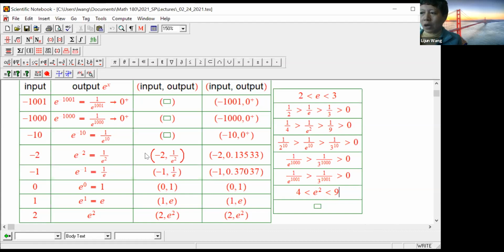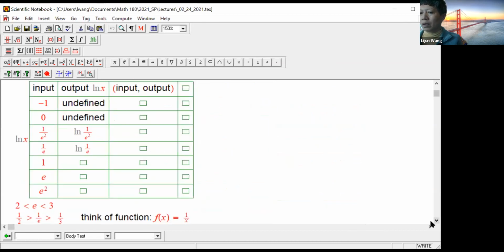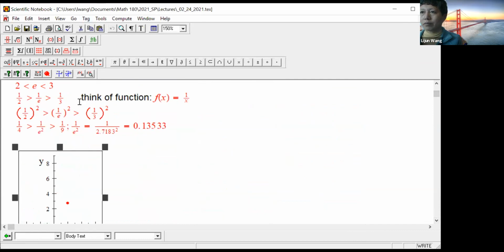Next, I want you guys to plot all of these points in the graph.